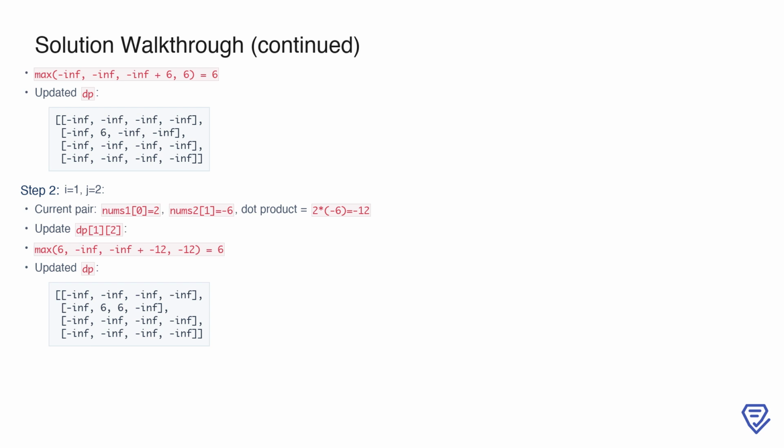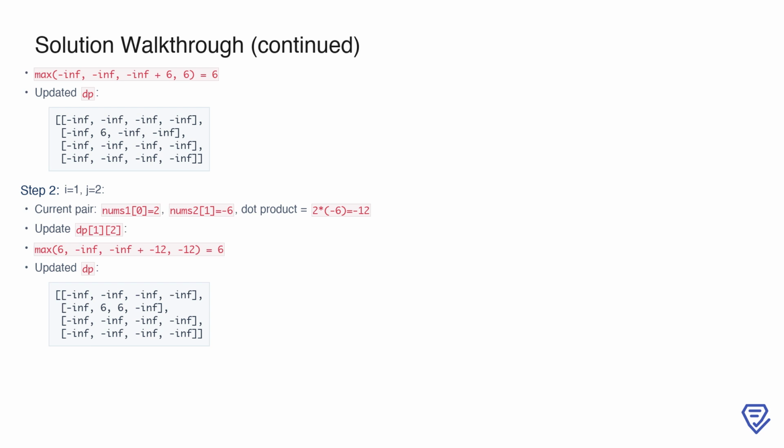Moving to i equals 1 and j equals 2, we now consider the pair nums1[0] equals 2 and nums2[1] equals -6. Their dot product is 2 times -6 equals -12. To update dp[1][2], we again calculate the maximum of 4 options: the value in the previous column for the same row, the value in the previous row for the same column, the sum of the current dot product and the value from the previous diagonal cell, and the dot product itself if we start a new subsequence.